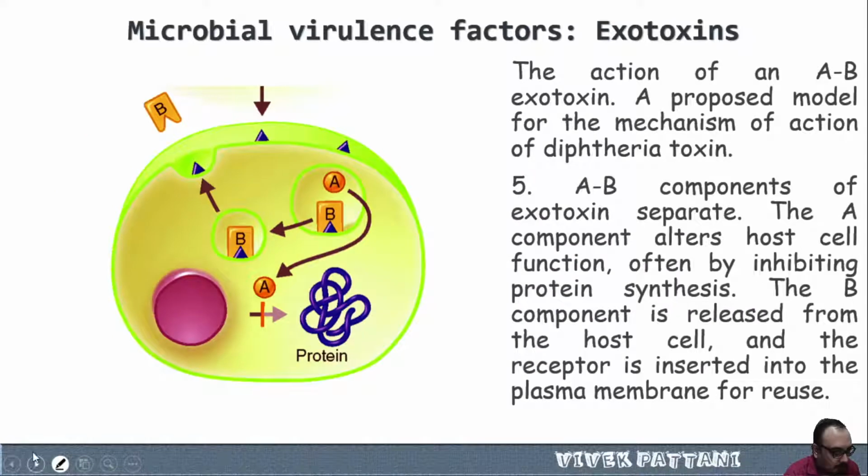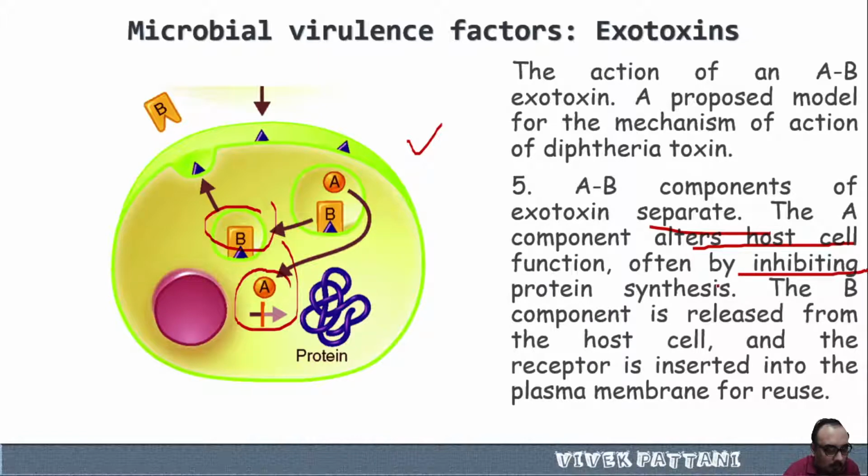Now moving forward, the next part, what happens? The A and B components of the exotoxin separate, and the A component alters the host cell function, often by inhibiting protein synthesis.